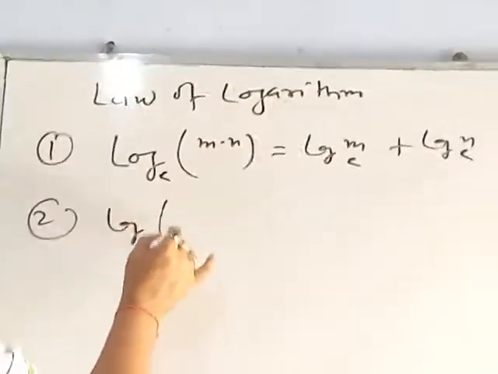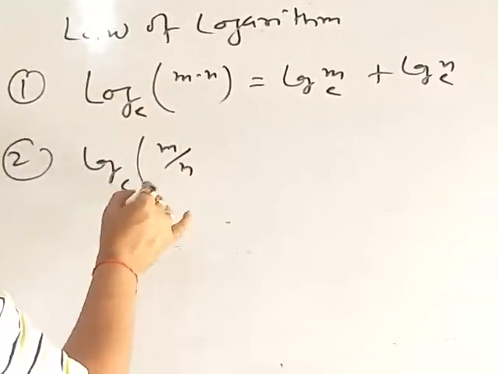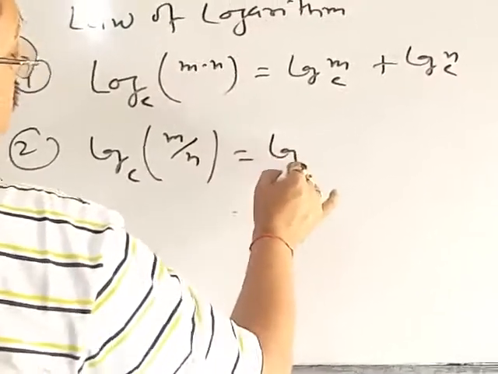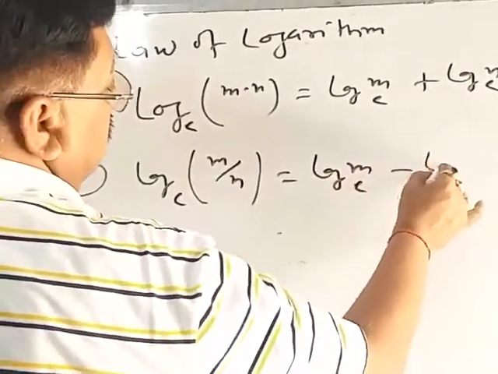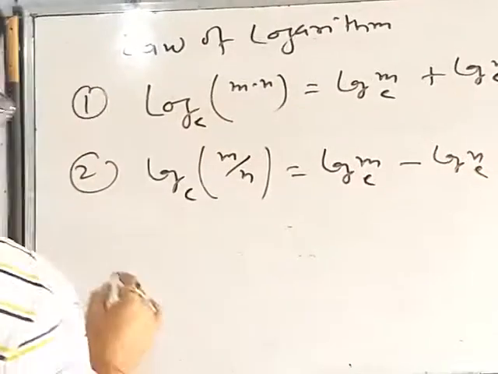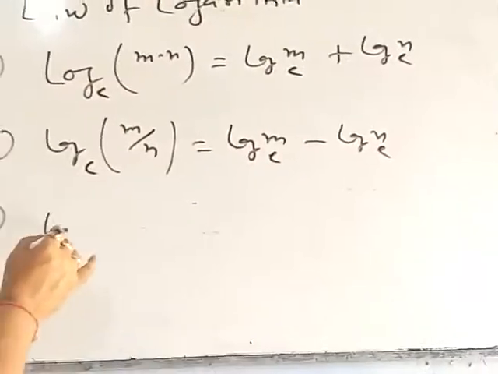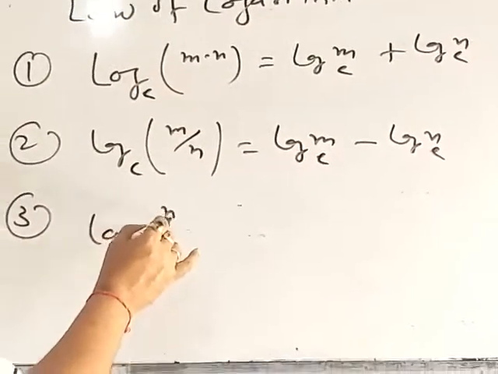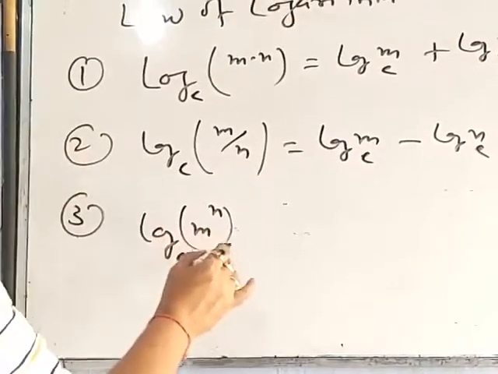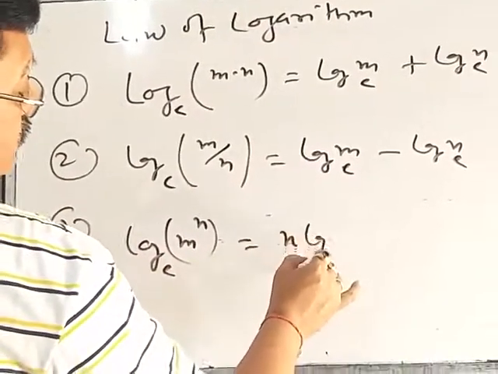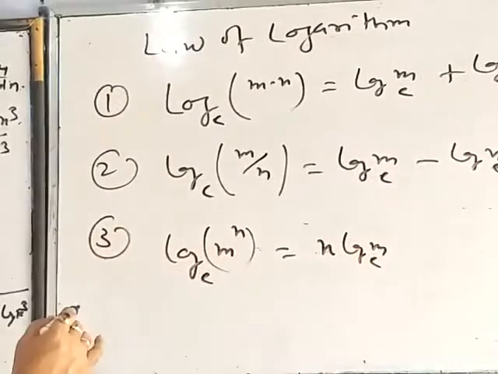Second, log m by n to the base e is log m to the base e minus log n to the base e. Third, log m to the power n is n log m to the base e.